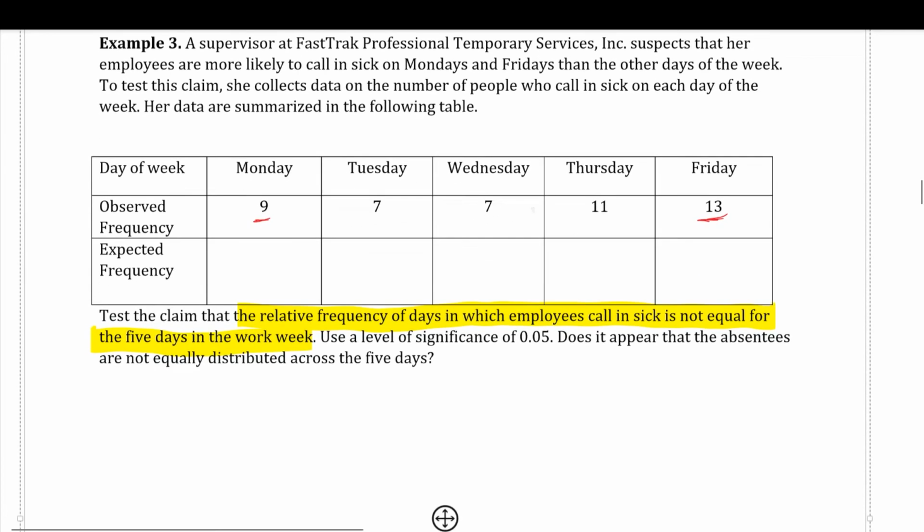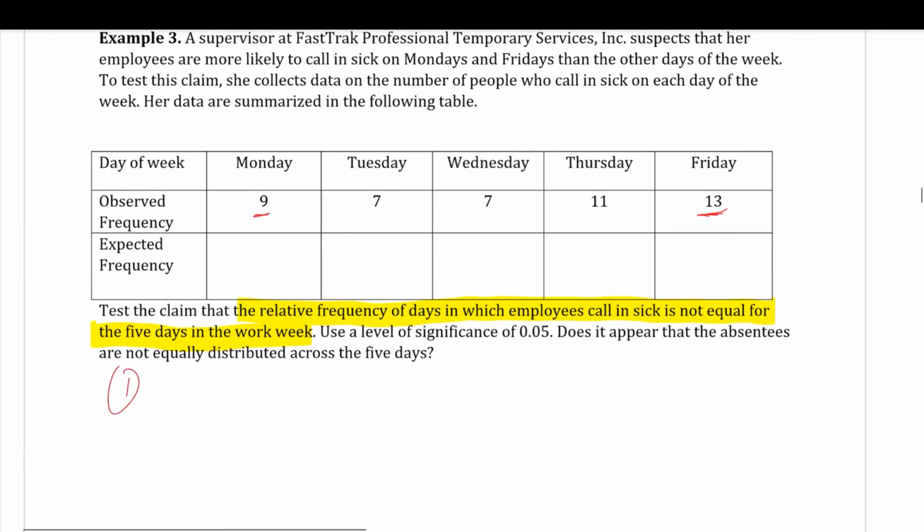Okay, let's go ahead and start with our hypothesis statement here. Okay, so we suspect that they all are the same at first until there's evidence to provide that they are not. Okay, so we have to say that, I guess we can call Monday 1, Tuesday 2, and so forth. So P1 is equal to P2, which is equal to P3, which is equal to P4, which is equal to P5.